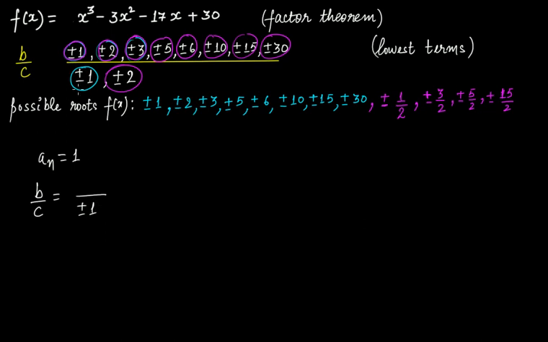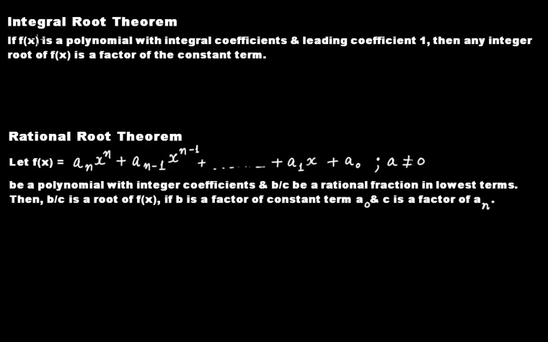So when you divide by this plus minus 1, like in this case you have plus minus 1 here, and divide all these factors, like in this example, you're only going to get these integer forms of possible roots, right? No fractional roots, that is rational roots. Only these integer roots. That is what this integral root theorem says. If your an, that is the leading coefficient, is equal to 1, then you are dealing with the integral root theorem.